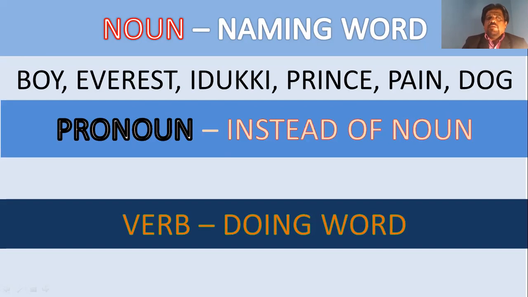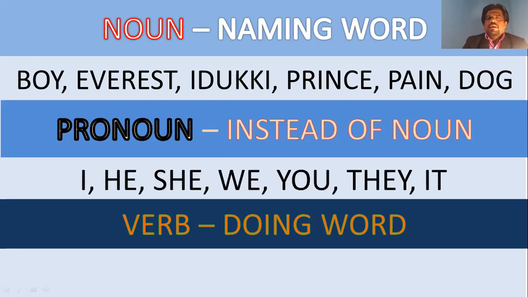And then comes pronoun. Pronouns are very less in number. I, we, you, he, she, it, they. And then their objective case forms, just like me, him, them. These also sometimes come under this category. And then comes verb. Verbs are the doing words.